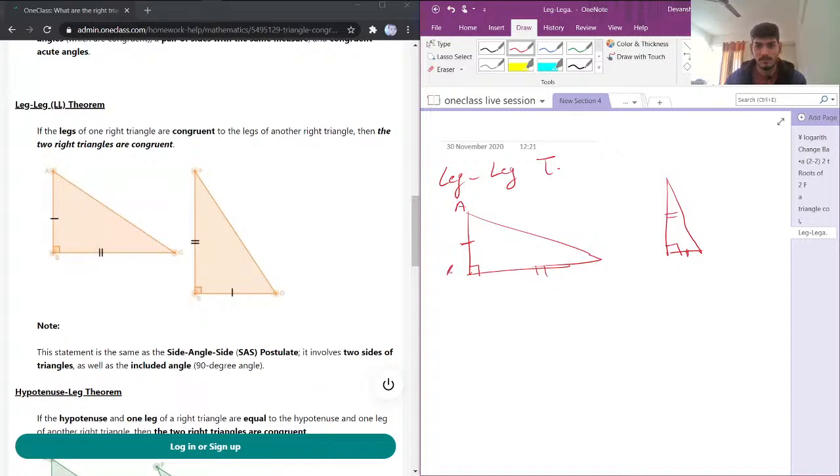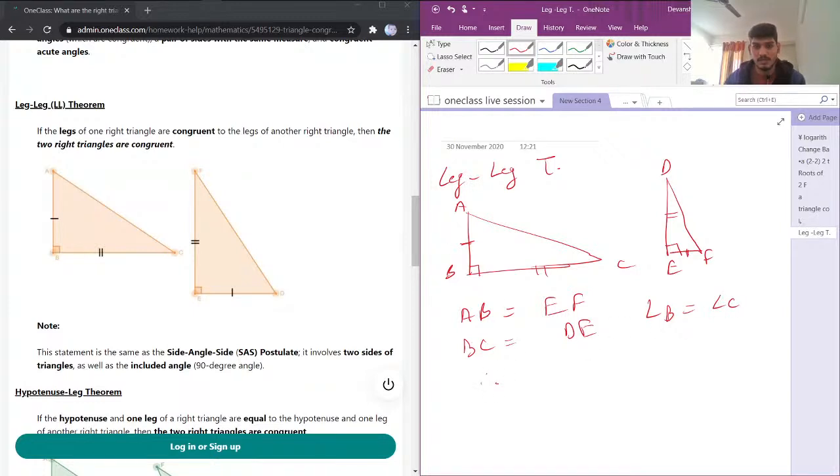So A, B, C, D, E, F. So AB is equal to EF, and BC equals DE. Angle at B equal to angle at C.